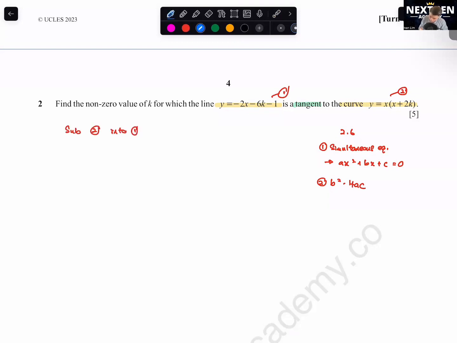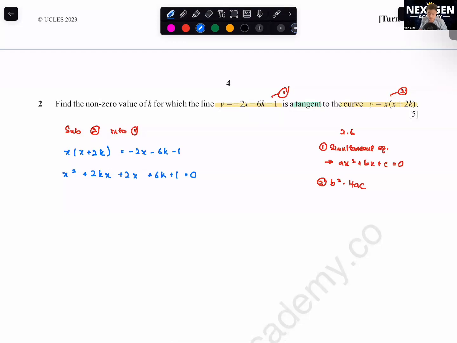Substitute 2 into 1. x plus 2k equals minus 2x minus 6k minus 1. Open up the bracket. x squared plus 2kx. I bring everything to the left-hand side also, so here will become plus 2x plus 6k plus 1 equals 0.